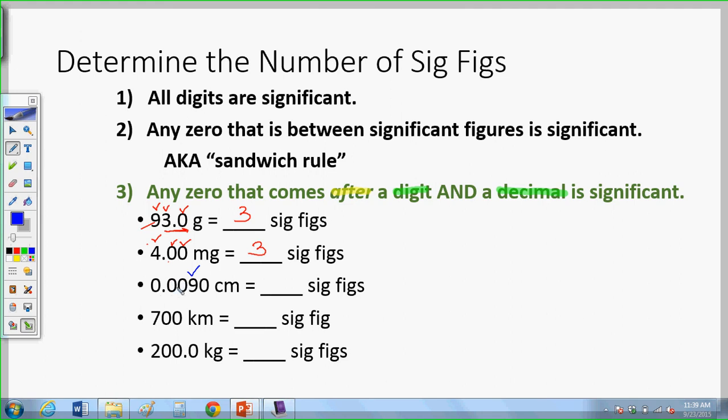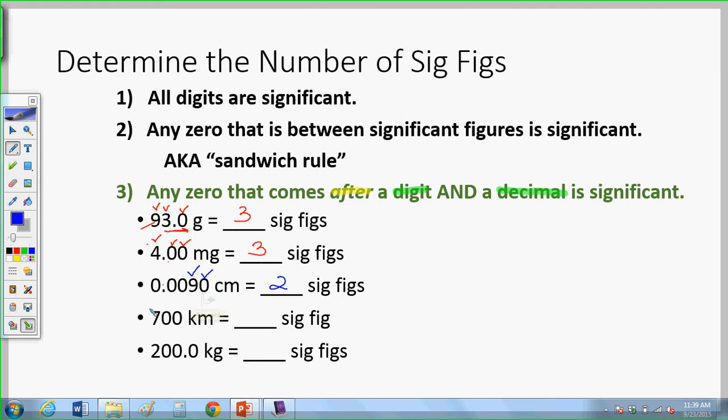These 2 here, they do come to the right-hand side of a decimal, but they do not come to the right-hand side of a digit, so they are not significant. If I look at this last 0, it does come to the right-hand side of this digit, and it comes to the right-hand side of a decimal. So therefore, it is significant, and I will say that I have 2 significant figures. So in this particular measurement, I'm not saying that these zeros are not important. I'm saying they are not part of the precision of the instrument that allowed me to make this measurement. Only 2 are known with certainty.